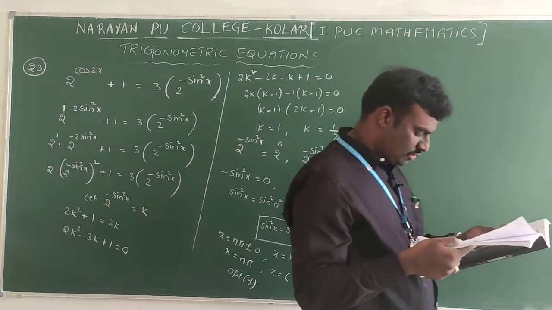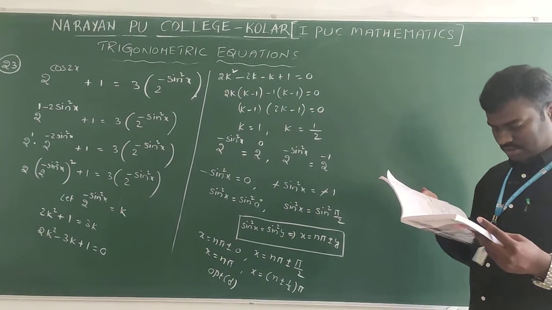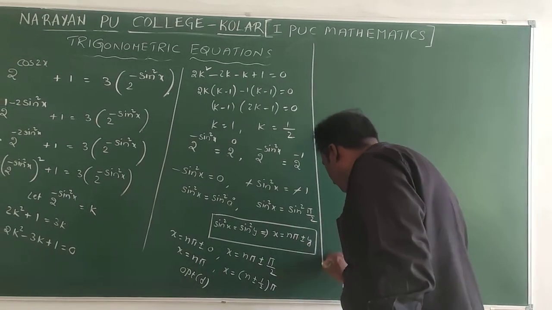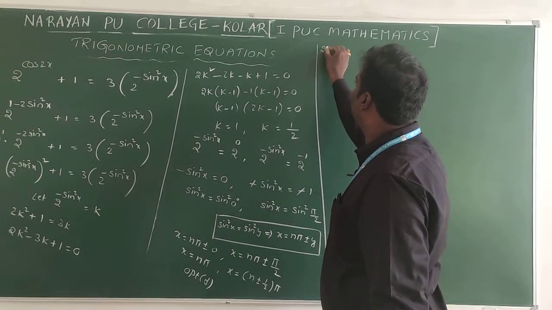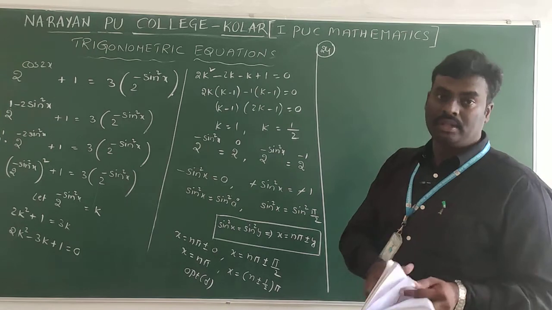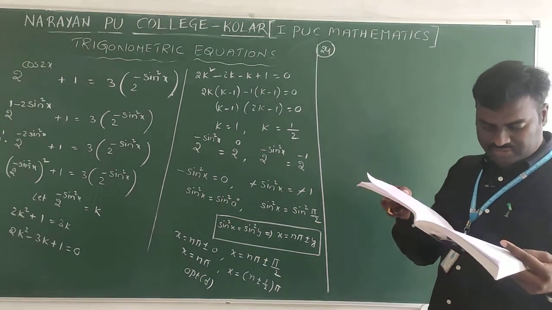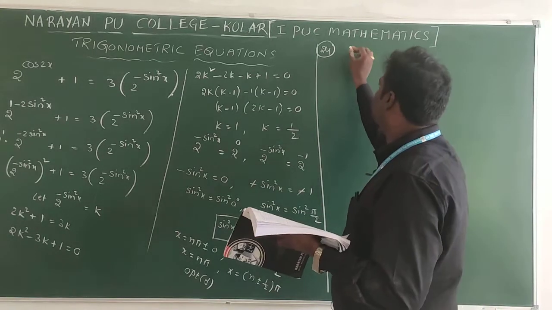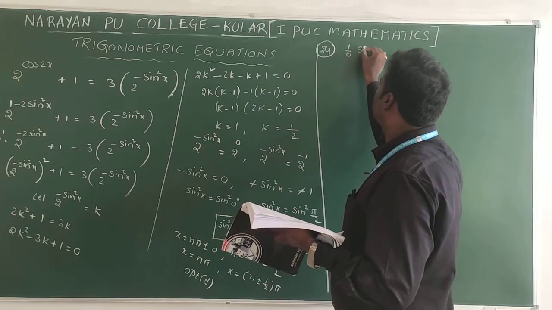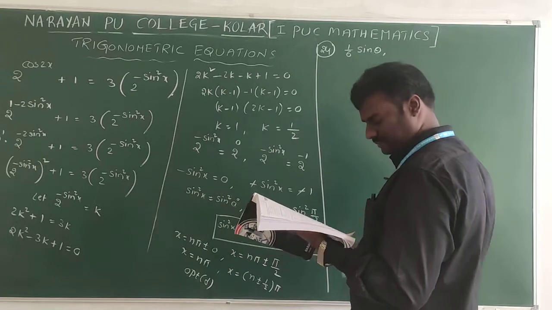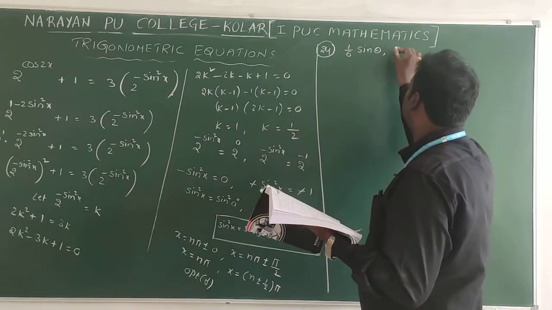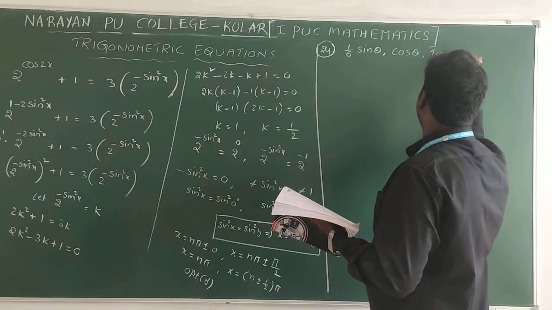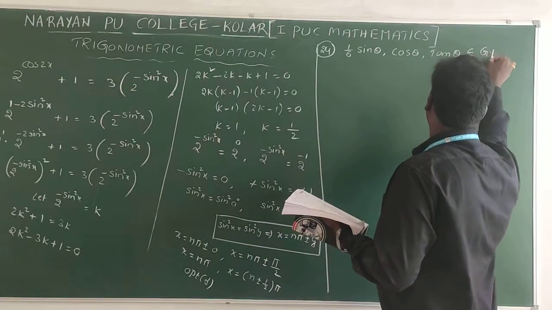Next, we will discuss question number 24. In question number 24, it is given that 1 by 6 sin theta, cos theta, tan theta belong to a GP.